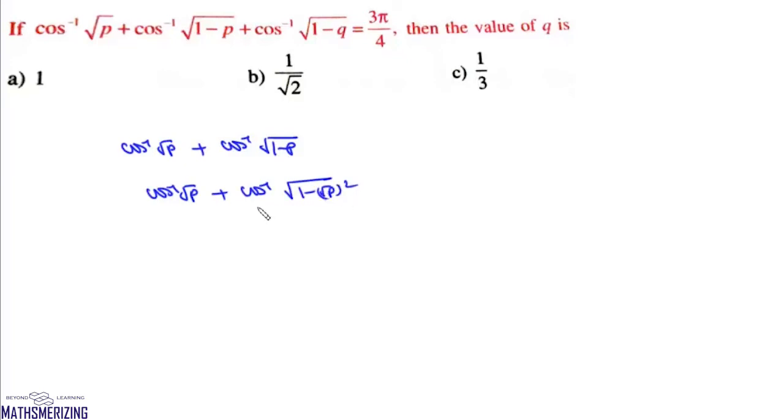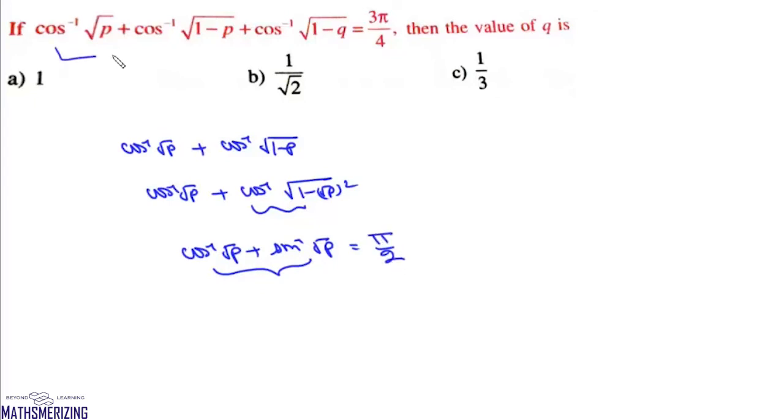We know that cos inverse of under root of 1 minus x square is nothing but sine inverse x. So actually it'll be cos inverse under root p plus sine inverse under root of p, which is nothing but the identity in inverse trigonometric functions. So it is nothing but pi by 2.